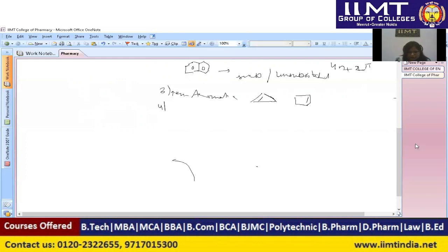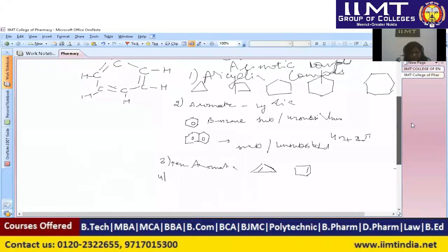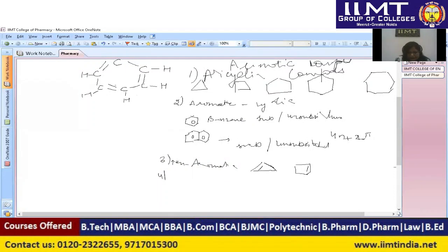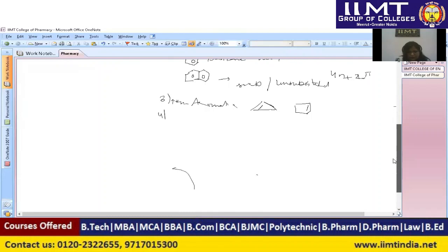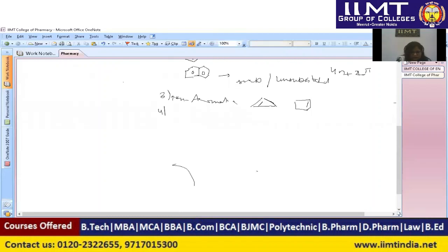We'll mostly focus on these three: the alicyclic, the aromatic, and the non-aromatic. So now we know all this. Now, because we have to go on to the analytical evidences of benzene, let us first go on to the structure of benzene and how it can be drawn.